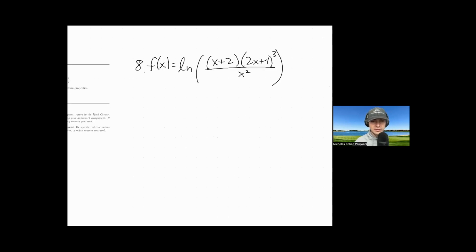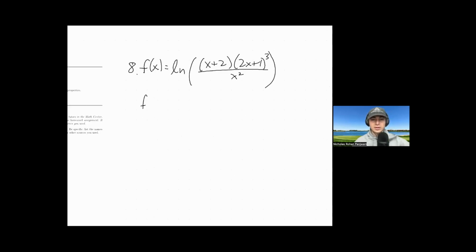Okay, so f of x. If you recall from our previous discussion on how to do the logarithms, if we have one single argument, as we do here, and inside the argument you have a quotient and/or a product, you can separate each of the terms into their constituents and give each constituent its own ln.